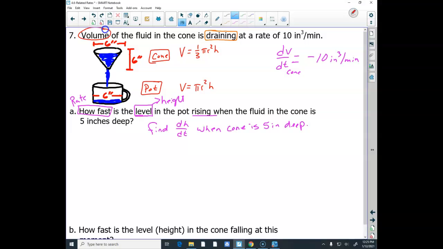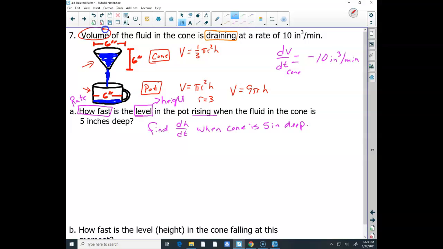And what is the radius of my cylinder? This radius is always going to be 3 here, isn't it, in my cylinder? My radius doesn't change on the pot, but my radius will change in my cone. So I know the volume of my pot is actually going to be 9 pi times h.